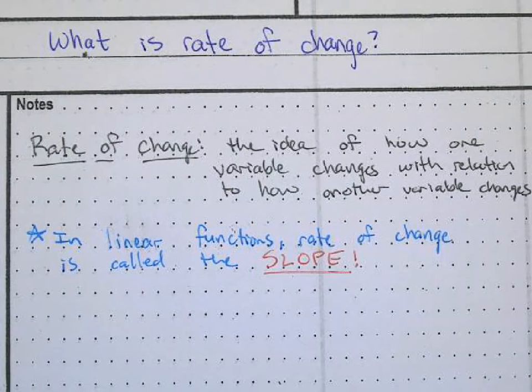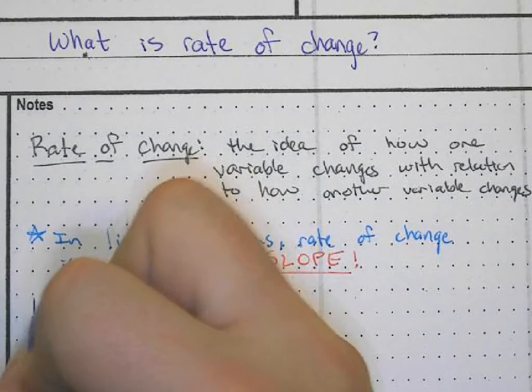So slope's probably a word we've heard before, but we're going to look at some different ways of identifying rate of change. We're going to have three different ways. One where it's graphical, one where it's a table, and one where we're just given 2 points.